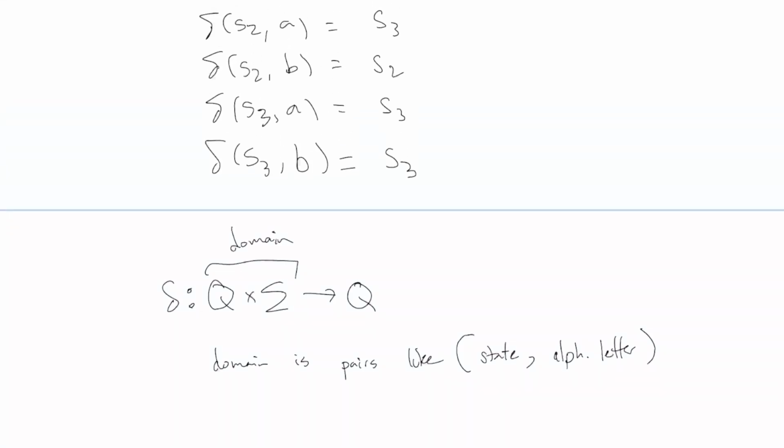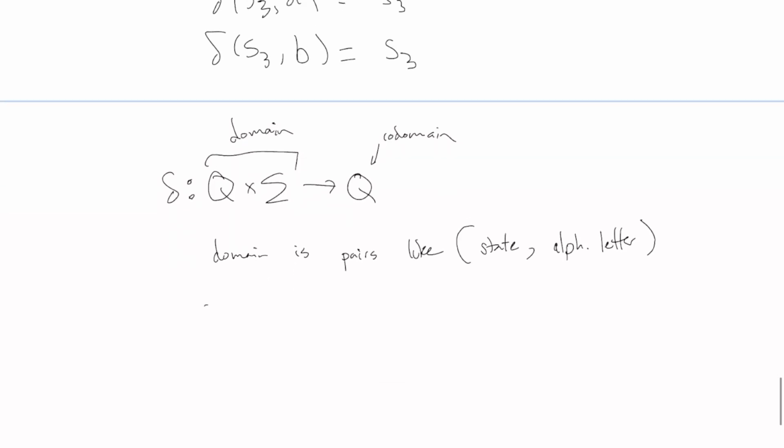So when I wrote this before, really I was telling you what is the kind of thing that goes into the delta, and then this is what is the kind of thing that comes out. That's called the codomain. So the codomain, which is to say, this is the set of answers, is individual states, right?